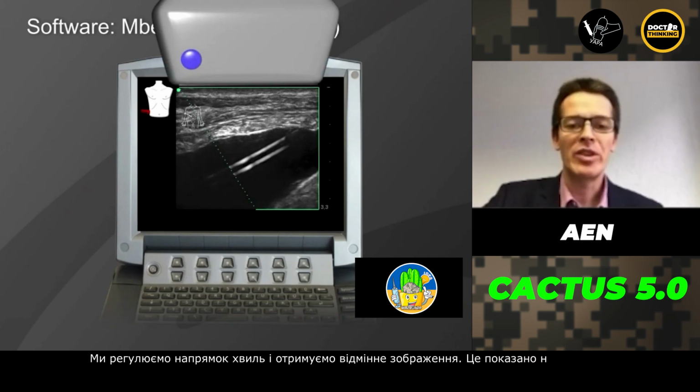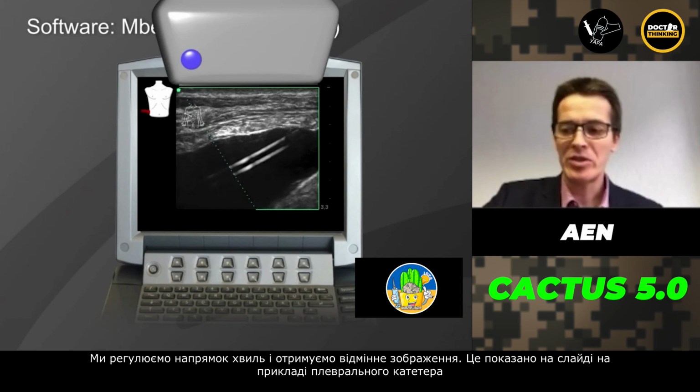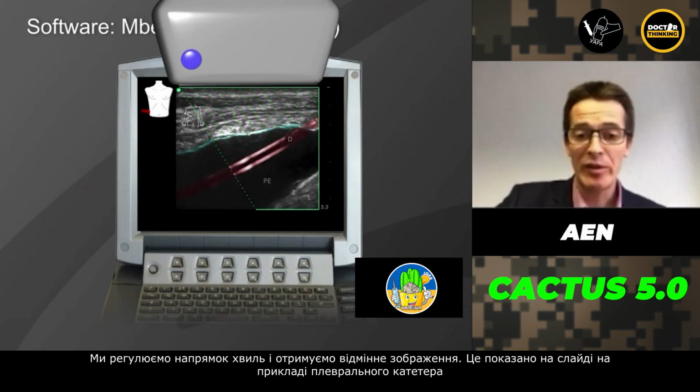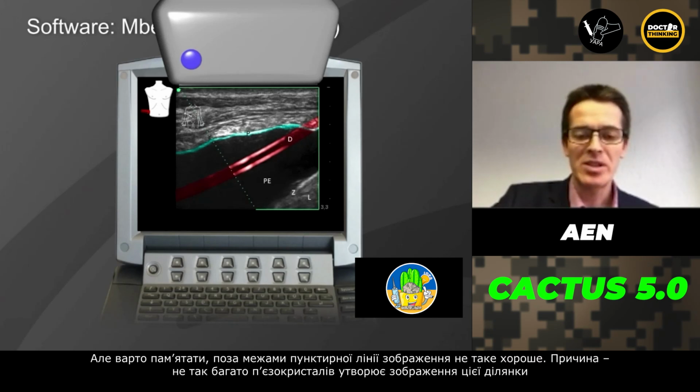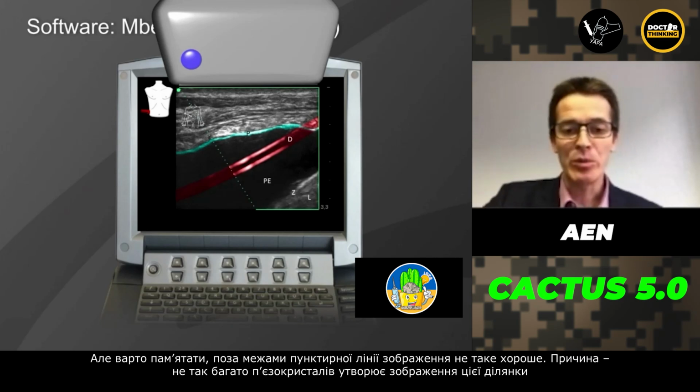So we have the probe sitting on top of the ultrasound image here, and now the sound travels onto this catheter and therefore creates excellent sound reflections back to the probe. This is shown here in a pleural catheter. But there is one thing you have to keep in mind: beyond this line with the little dots, the image isn't as good as inside this field, because not many piezos create the B-mode image in this area.